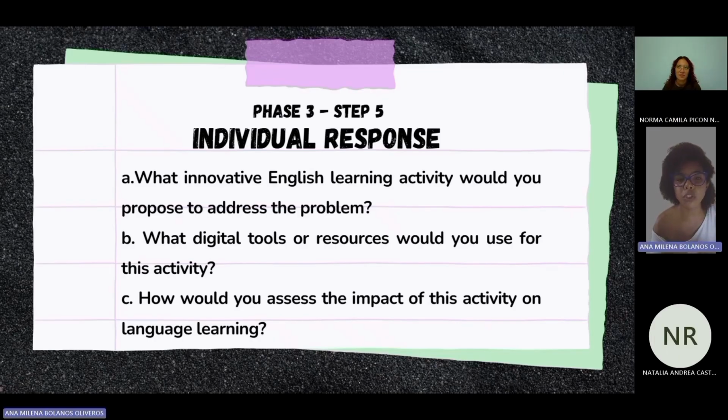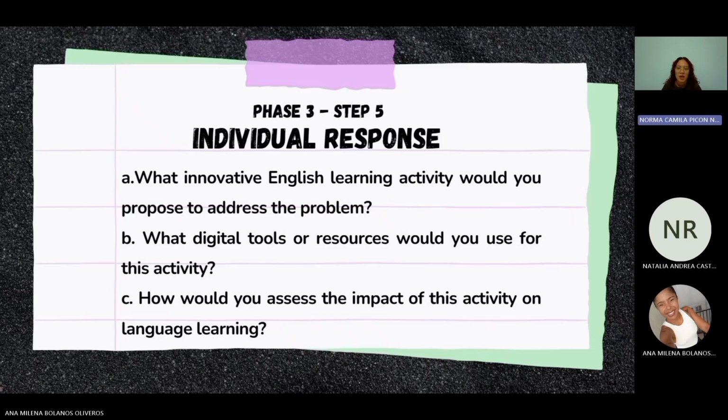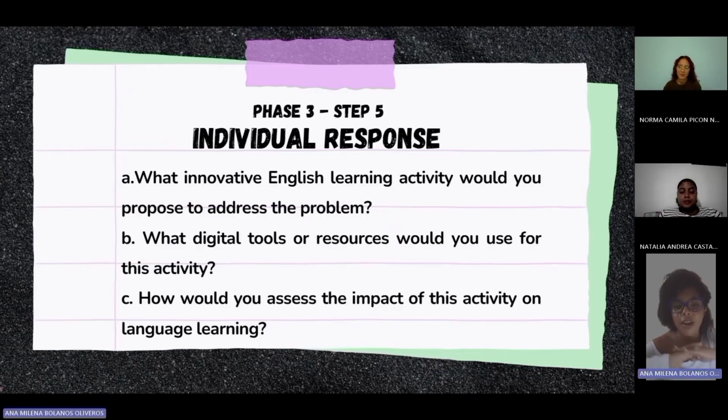The next question, how would you assess the impact of this activity on language learning? By observing student participation, their ability to describe characters in English, and their pronunciation. I would also consider the results of the interactive activities and compare the beginning and the process. Thank you. Okay, thank you, Camila.